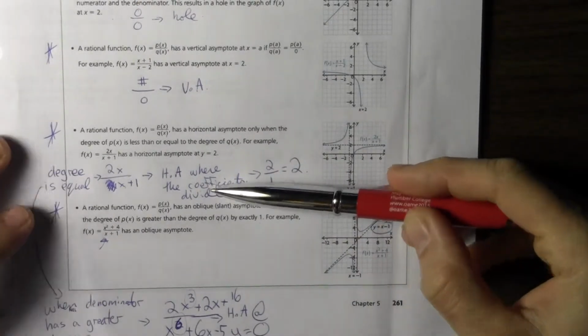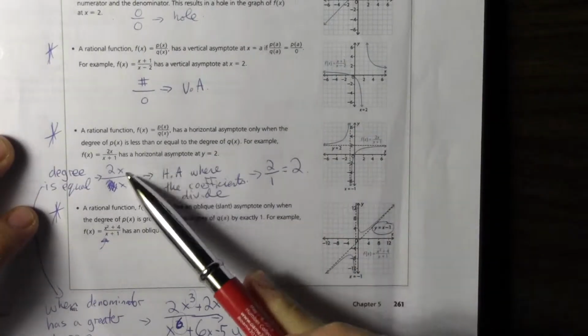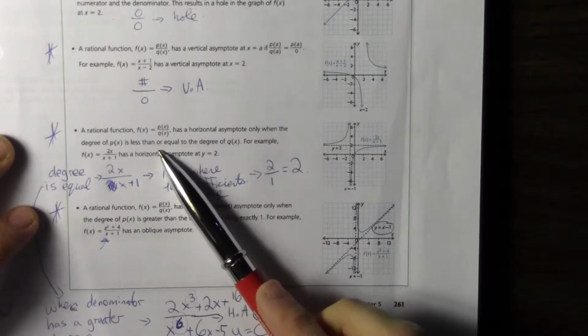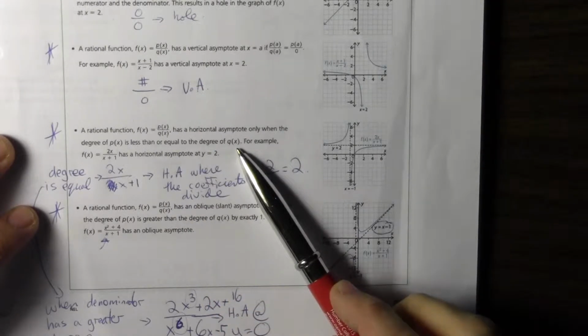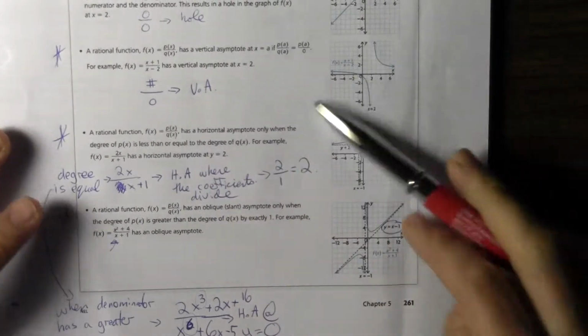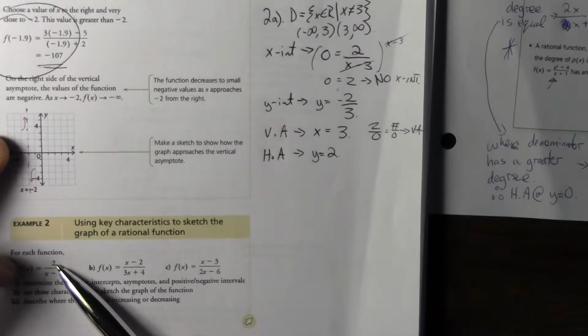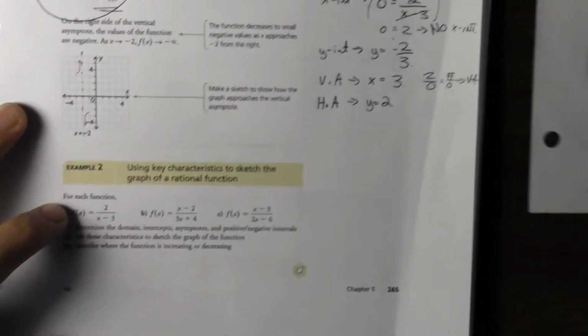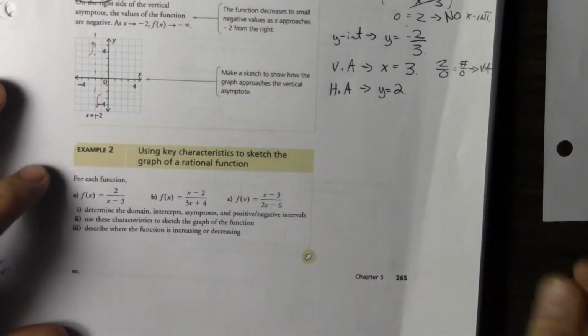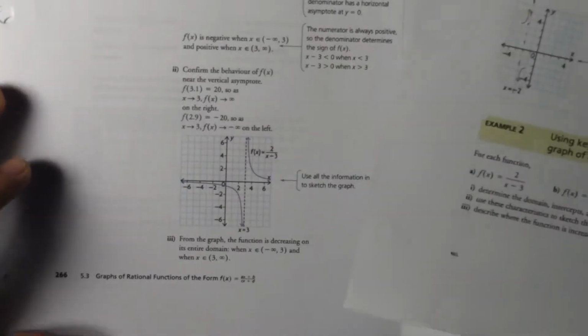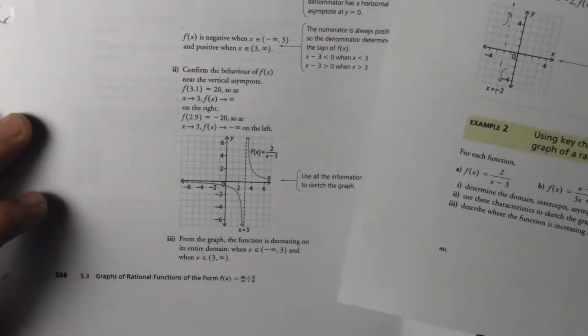We have a horizontal asymptote only when the degree of P is less than or equal to the degree of Q. So the numerator is less than the degree of Q. Okay, yeah, that's true. So, do we agree with that? Yeah.